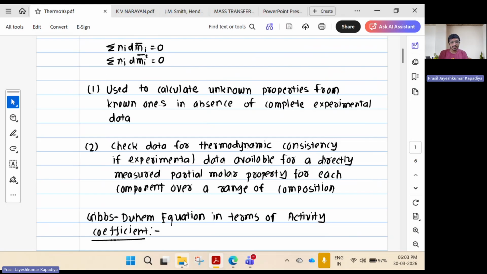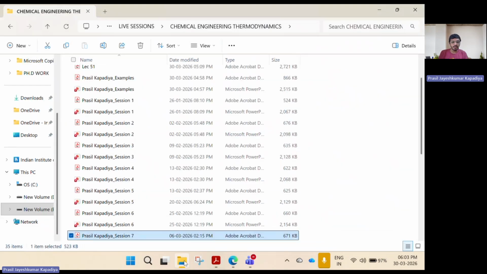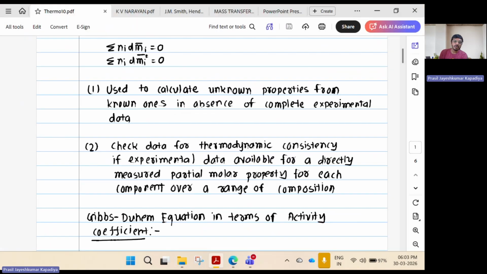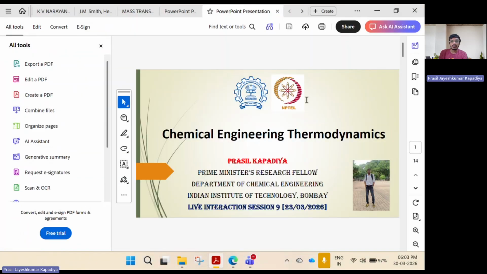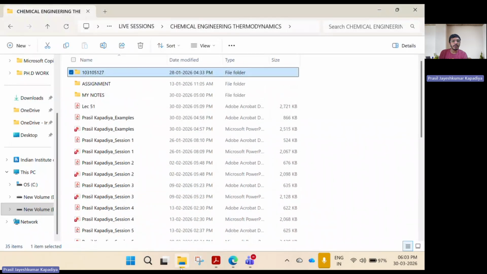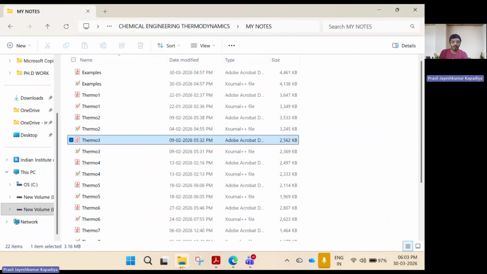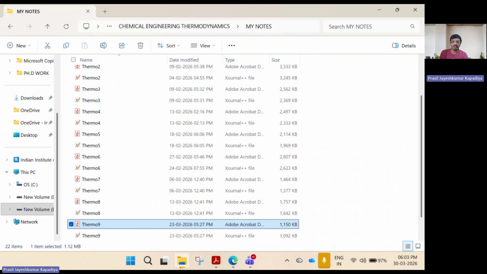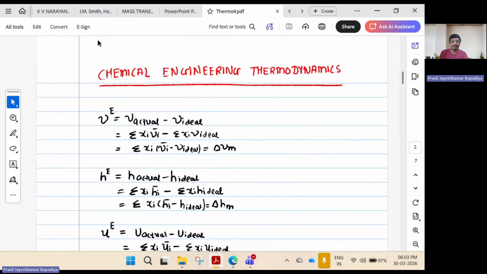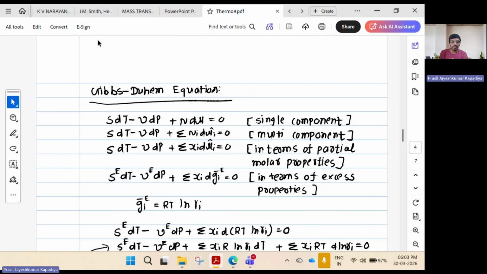In the last class, we derived the Gibbs-Duhem equation in terms of activity coefficient. This is the way we derived it.